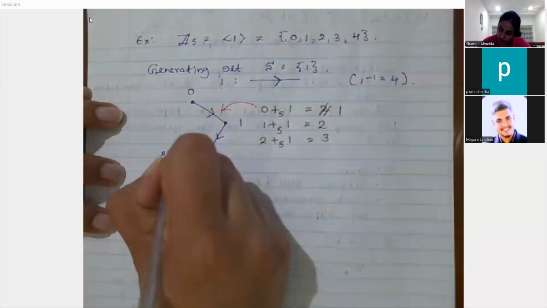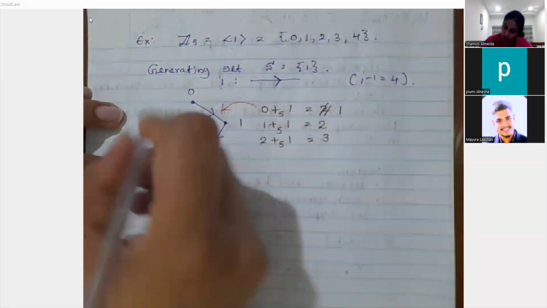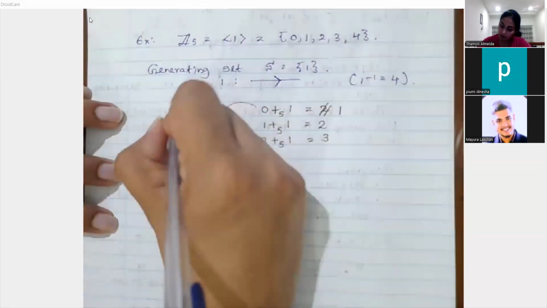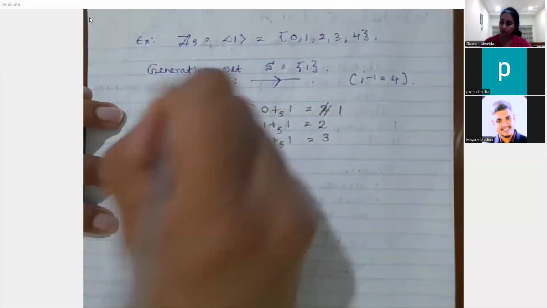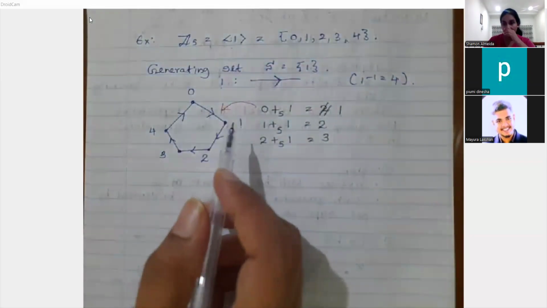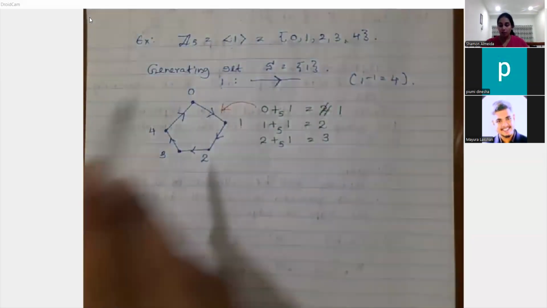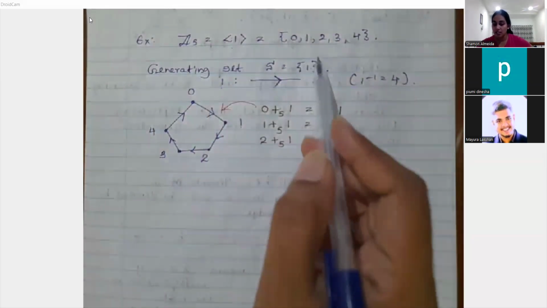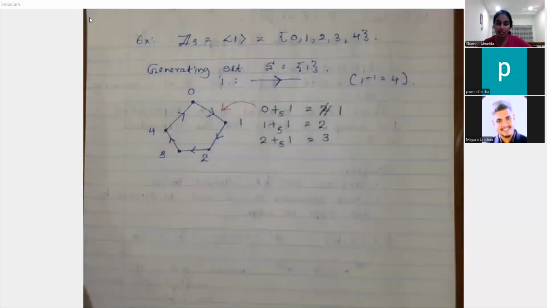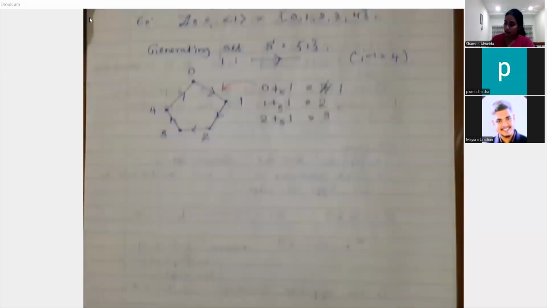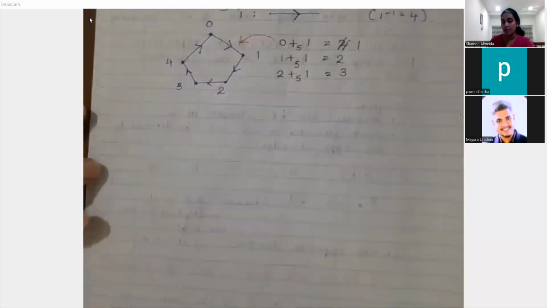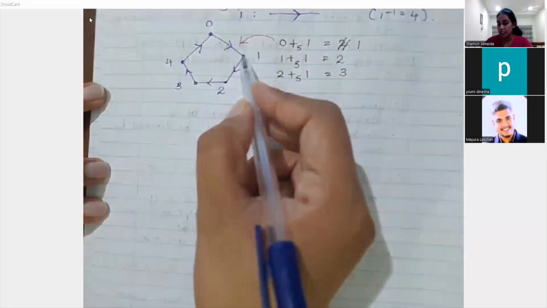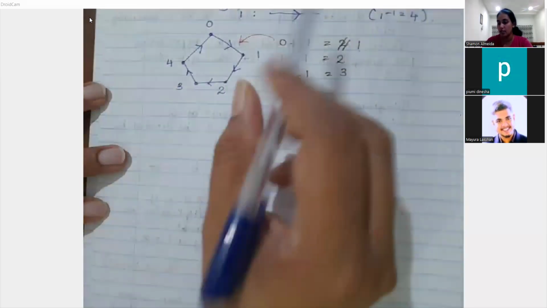Add 1 to 3, you get 4. Add 1 to 4, you get 5. Divide by 5, take the remainder, you have 0. So this will be the Cayley diagram for Z5 with the generating set 1. Now observe that each vertex denotes an element.